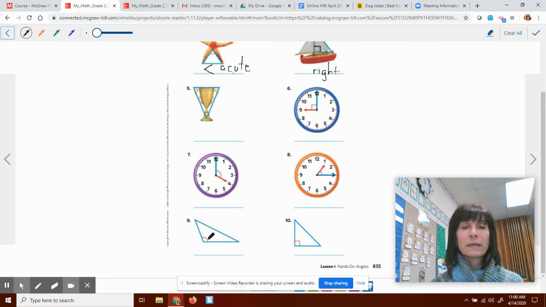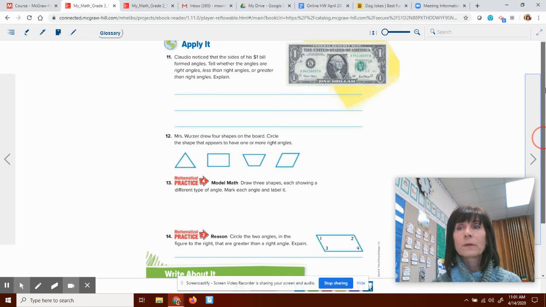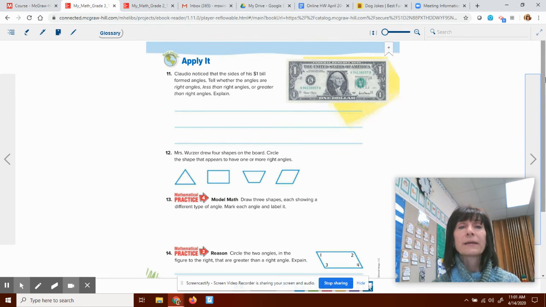Down below, again, this is going to be greater than a normal right angle. So this is an obtuse, or you can put greater than. On the next page, we have our problem solving, and they have this. Apply it. Claudio noticed that the sides of his $1 bill formed angles.